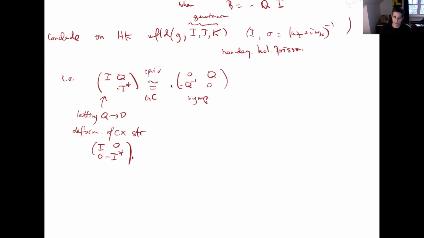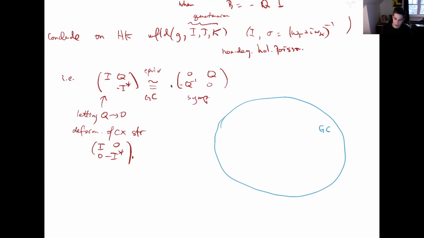We can draw the following picture. We can say that there's a space of generalized complex structures, and we can see that there's some special locus of complex structures. Okay, and then you can deform.